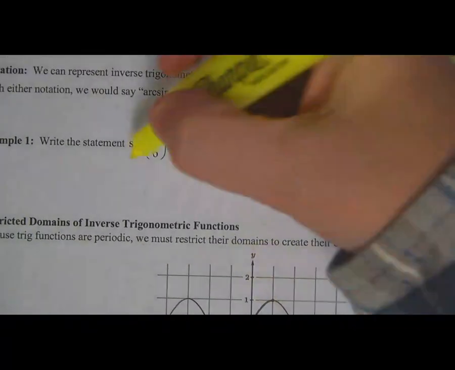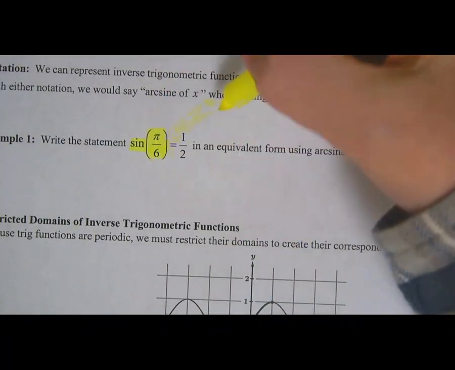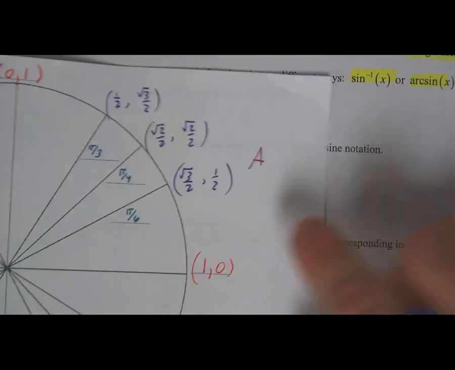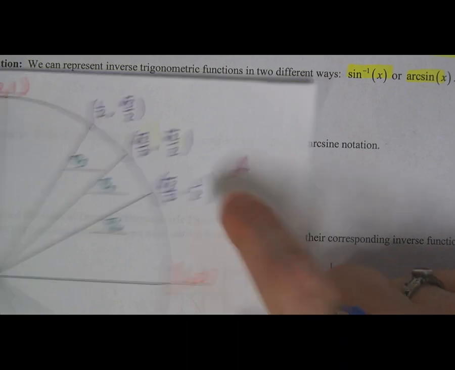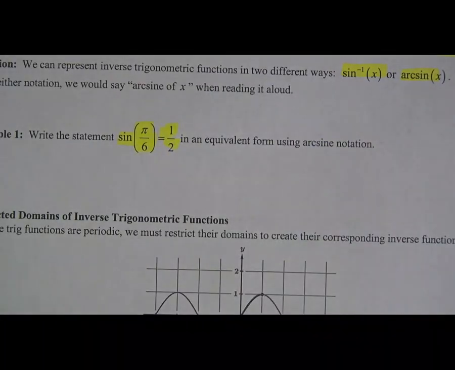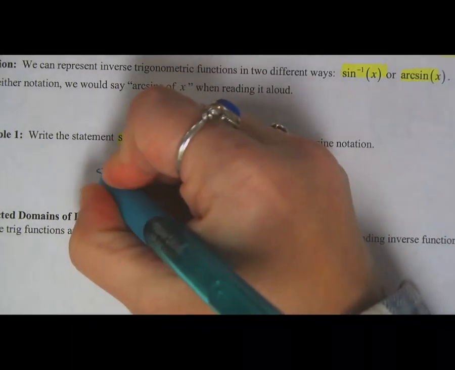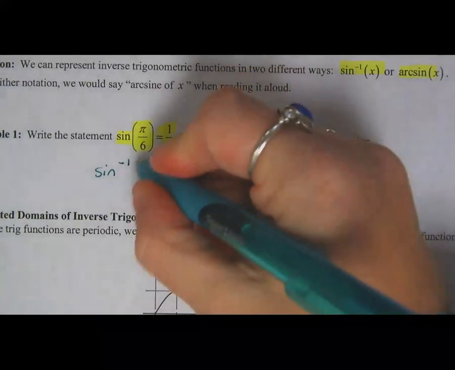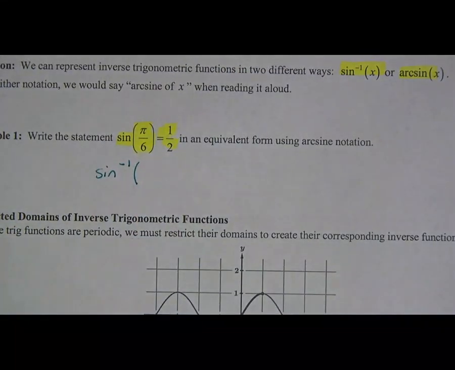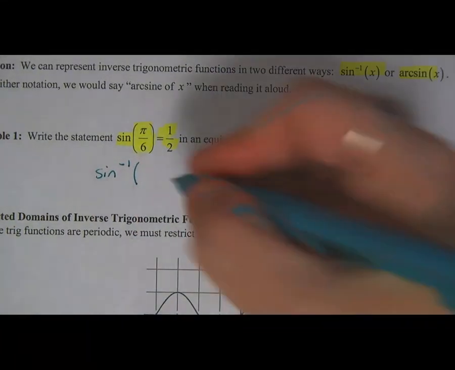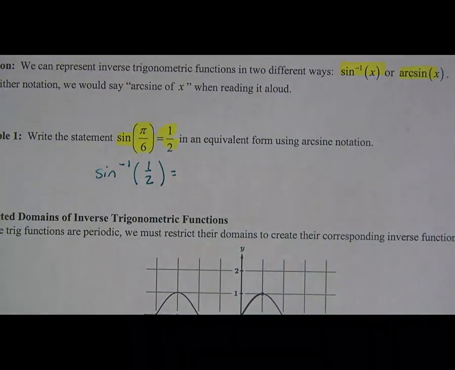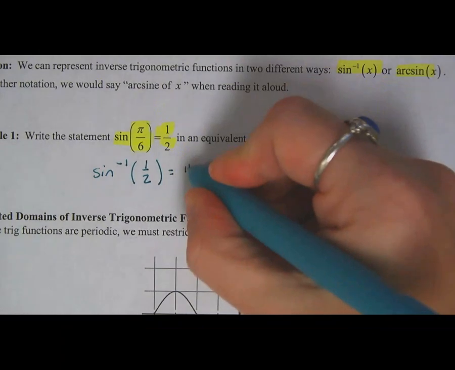So if you wrote this statement right here, sine of pi over 6 is 1/2. I'm looking at the unit circle. Sine of pi over 6 is certainly 1/2. If I needed to flip that around and write it using arc sine notation, the output is going to be that pi over 6. So I would write it as arc sine of 1/2 is pi over 6.